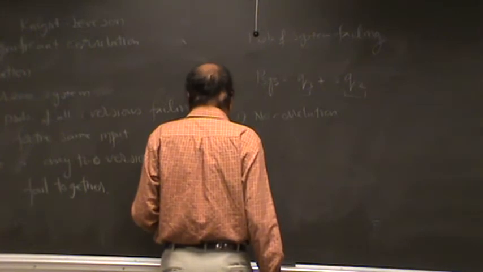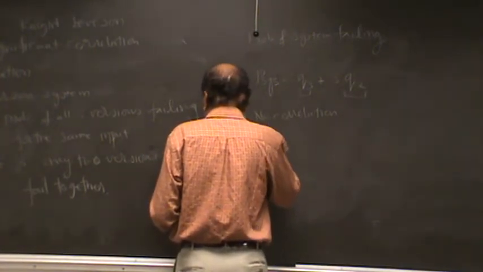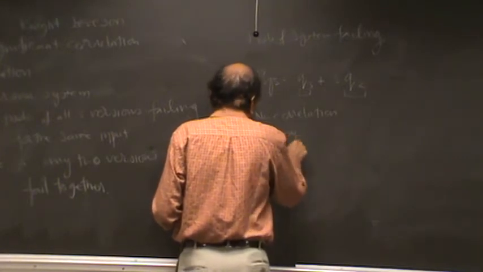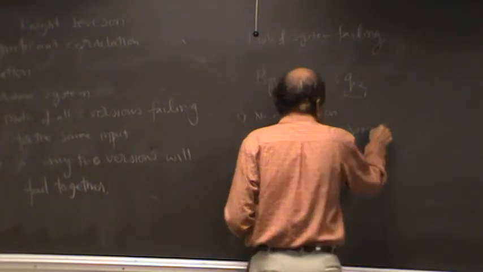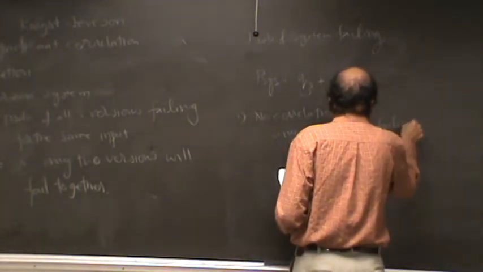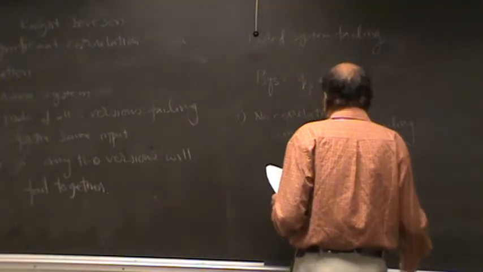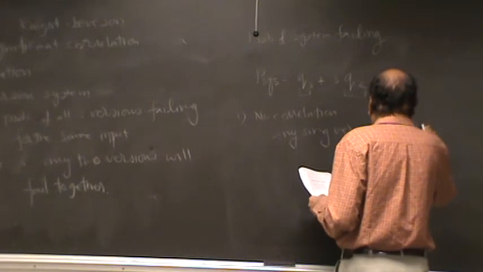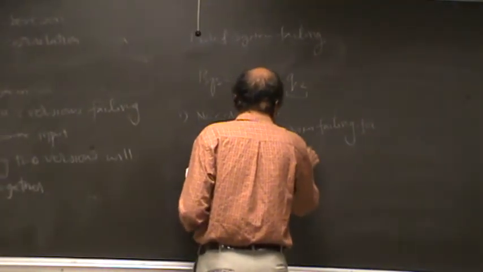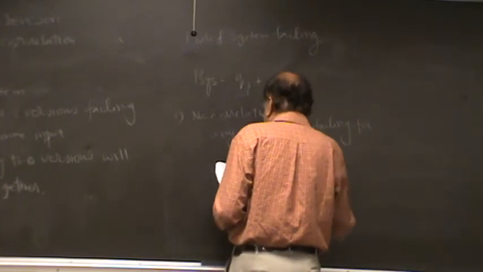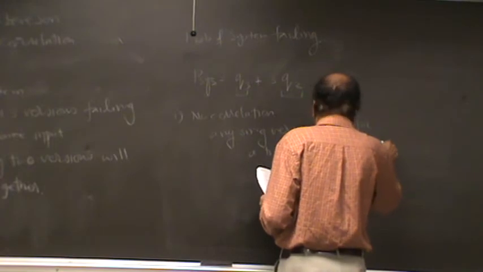If there's no correlation, then he considered the number for any single version failing. And according to the Knight and Leveson experiment, for a transaction, it is 0.0004.